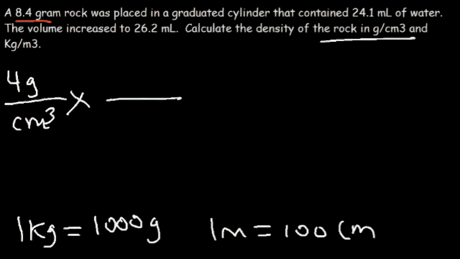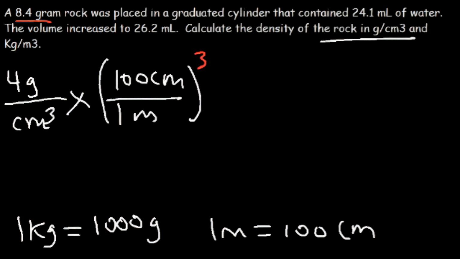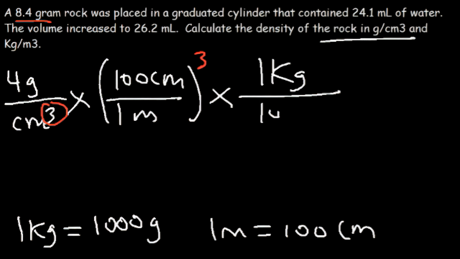So let's convert it. There's 100 centimeters in a meter, but we need to raise it to the third power because of the 3. And to convert grams to kilograms, there's 1 kilogram per 1,000 grams. So the unit grams cancel, and cubic centimeters will cancel as well.